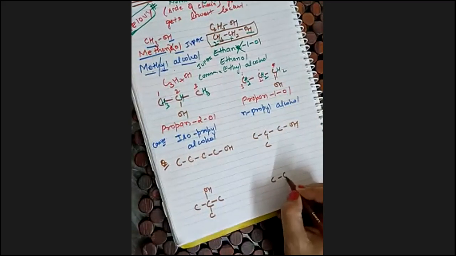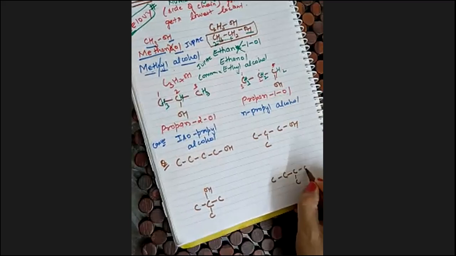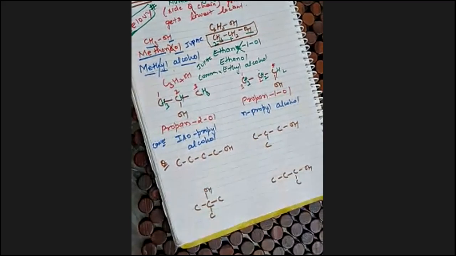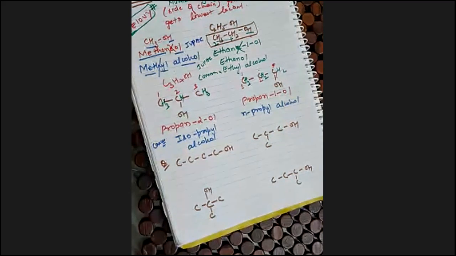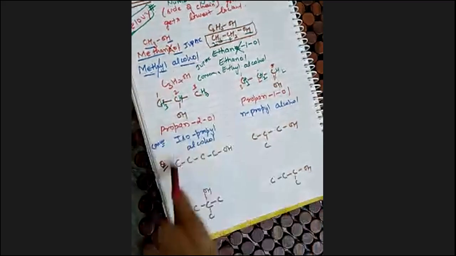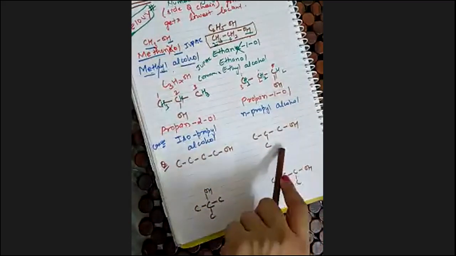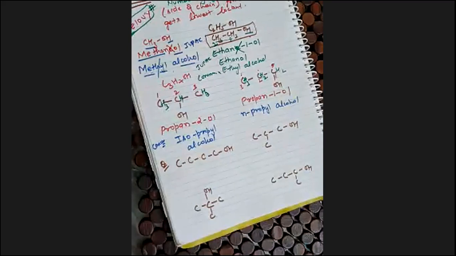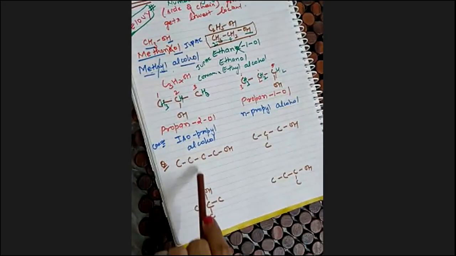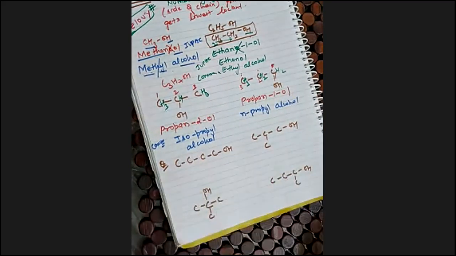Again, one more type of arrangement. 4 carbon and 1 OH group. Clear? Now we have 4 carbons on which we arrange OH at different places. On the basis of these arrangements, we have to nomenclate. Okay, let's start from the first one.